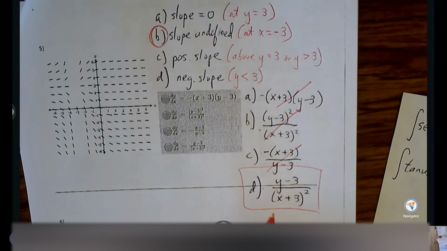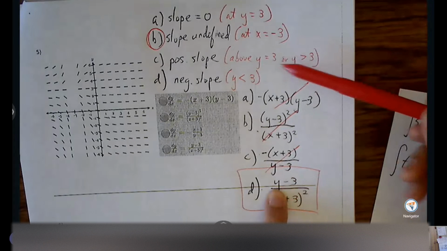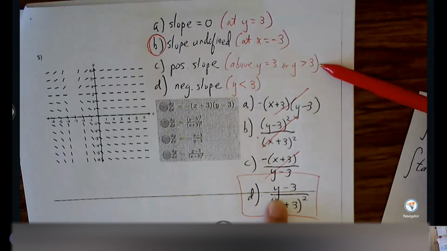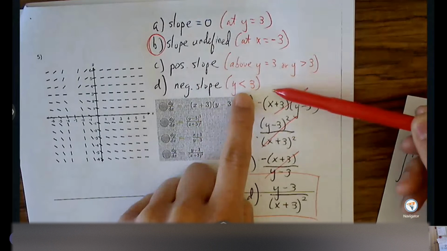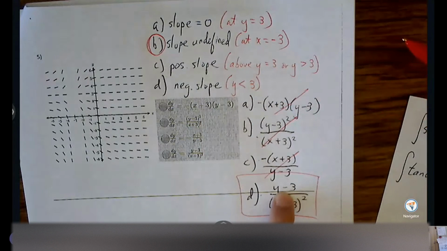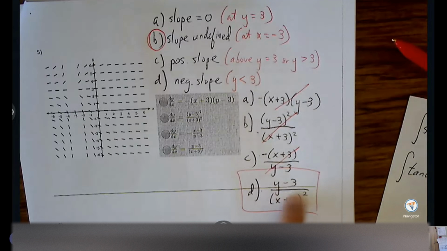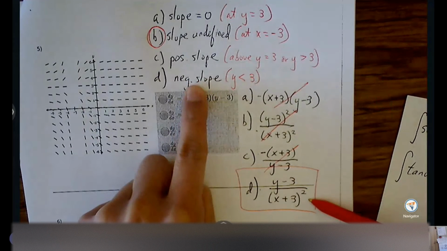The numerator is dictating whether the slope is positive or negative. And when y is greater than 3, that's going to ensure this overall fraction must be positive, which we see to be true. But if our y value dips below 3, then all of a sudden my numerator is going to become negative. That's going to force this fraction to be negative, and that's consistent with what we see here with negative slope. Okay.